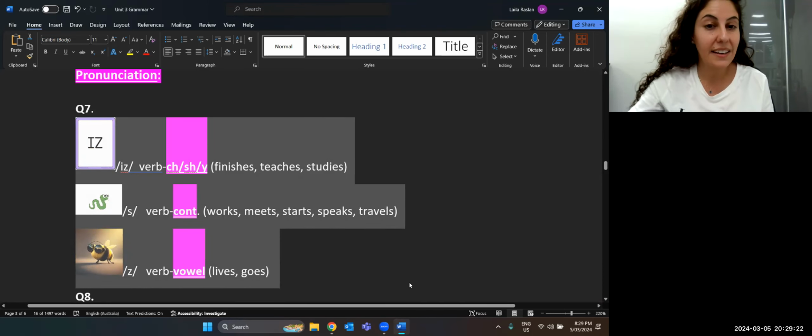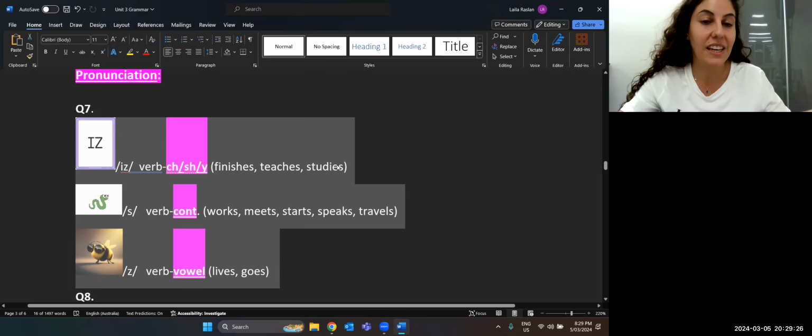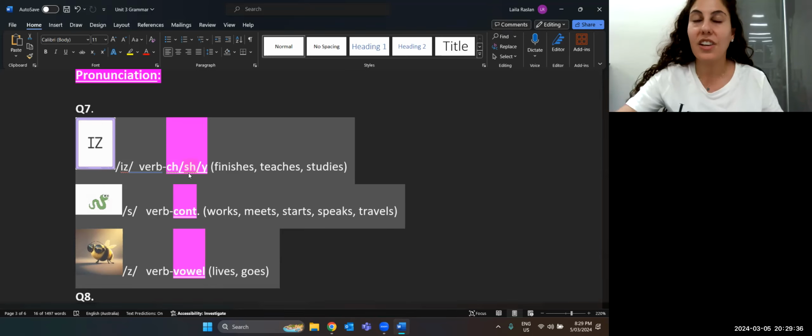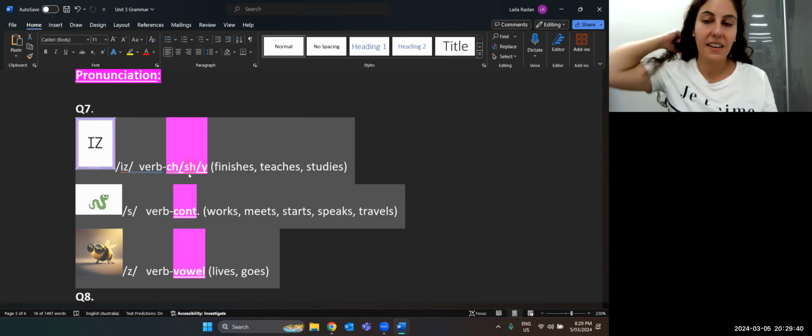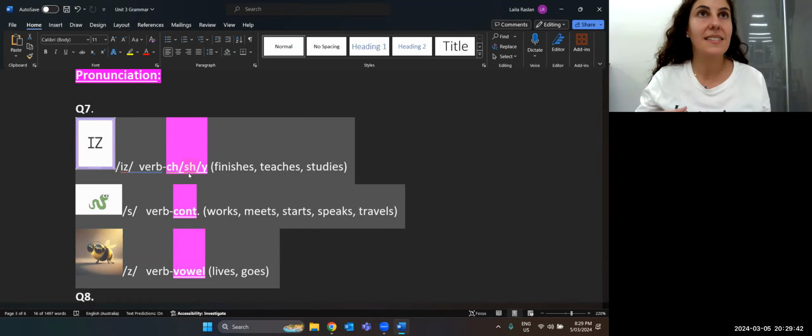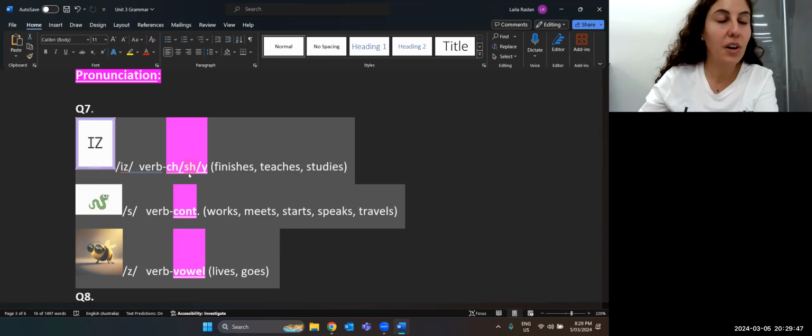You do add an S, well, it's not the plural, but it's the he, she, it S to the action, but it's a different sound depending on the ending of the verb. So you have to look at the ending of the verb. So you have to know your verbs: to study, to sleep, to speak, to write, to dance, to sing, to travel, to work, to meet.